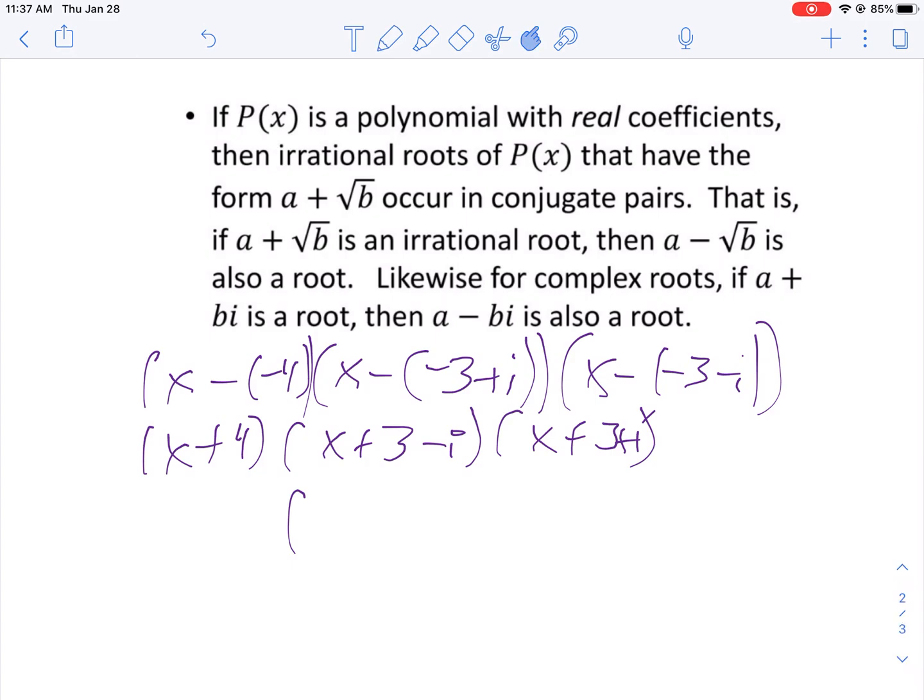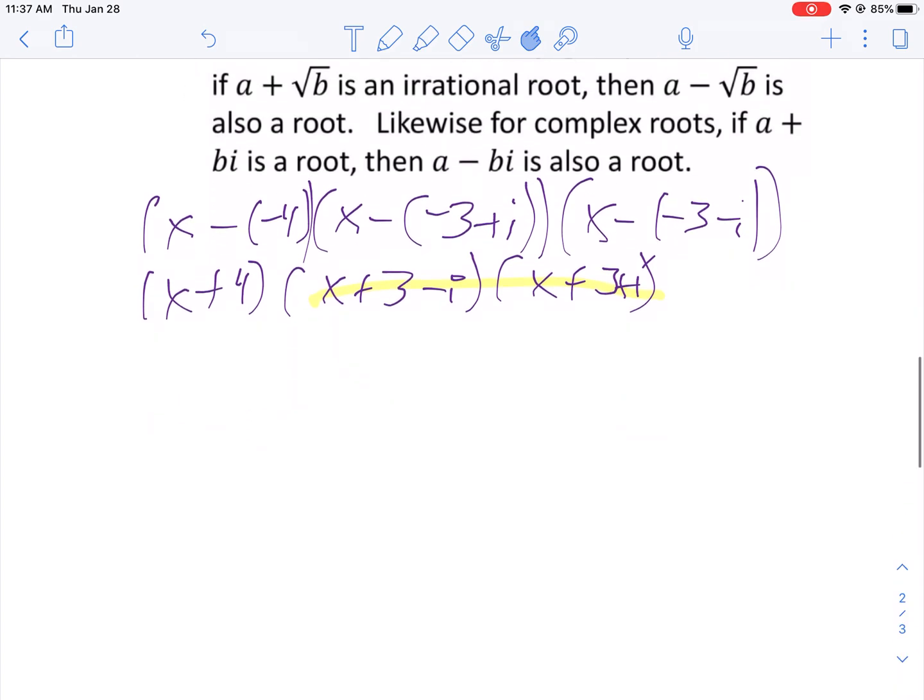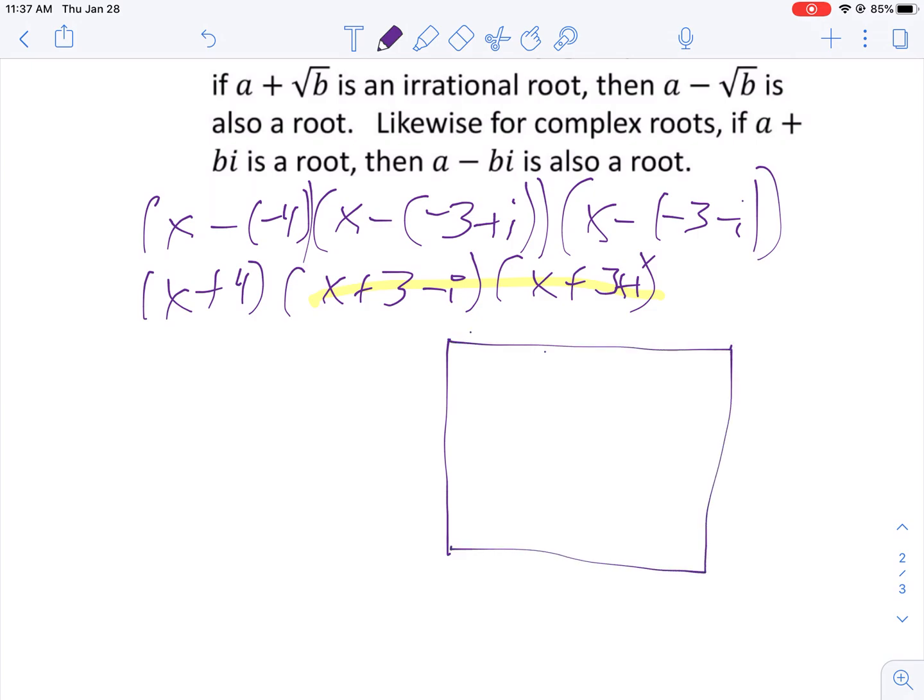I think I'm just going to show this the old-fashioned way. Kind of going through this. So in other words, let's take x plus 3 minus i times x plus 3 plus i. And since there are three terms, I think I'll use the box strategy to multiply these terms together. It's just a strategy to help me out.